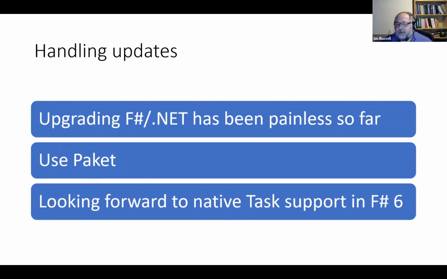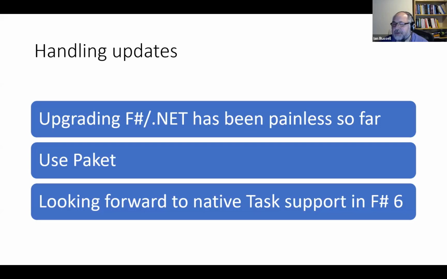Handling updates. I'm a bit dubious about this one. So upgrading so far has been really easy. So upgrading from 2.1 to 3 and 3.1 and 5 have all been painless.